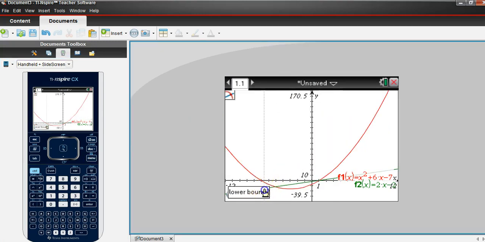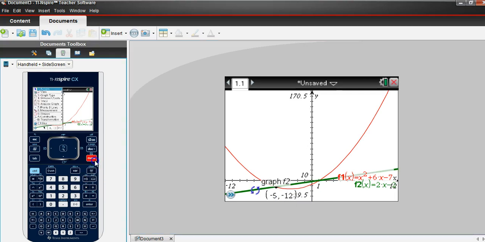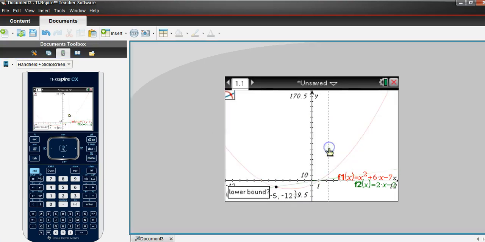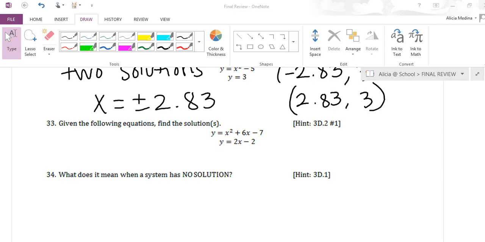I want to be on the left of this point, on the right of this point, and I see I have a solution here at negative 5, negative 12. And the other one is going to be same steps, analyze graph, intersection. Scroll to the left, click enter, scroll to the right, click enter, and I have a solution at 1, 0. So here, my 2 solutions.